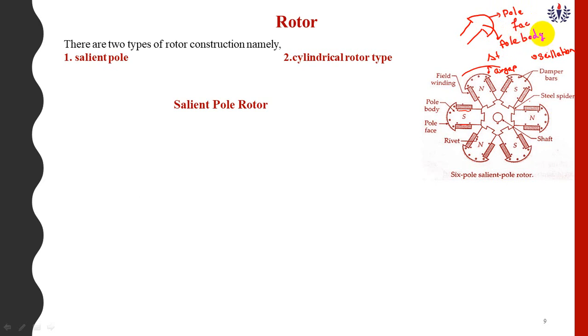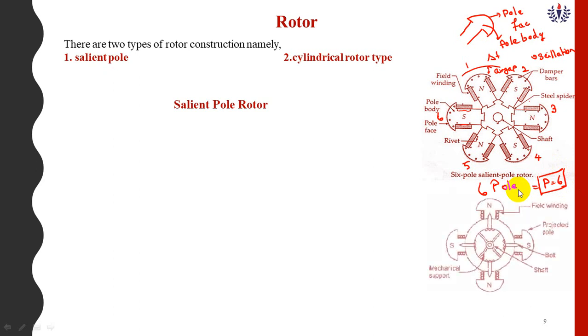Here you see, how many poles are there? 1, 2, 3, 4, 5, 6. So there are 6 poles, so it is a 6 pole machine, that is P equal to 6.